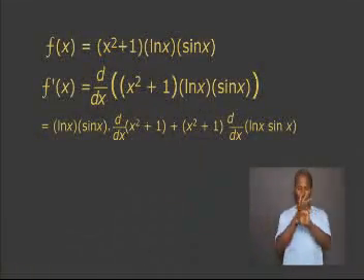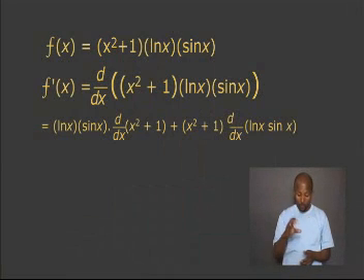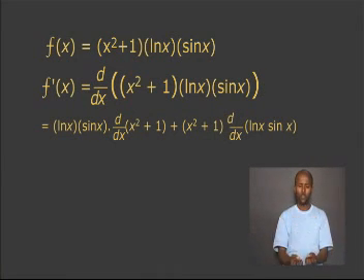We can also use the product rule to find the derivatives of the products of 3 or more functions. For example, let us find the derivative of this function that is composed of several functions. F prime of x equals the derivative of the product of the terms.